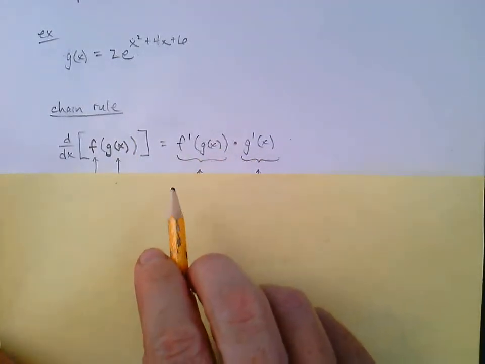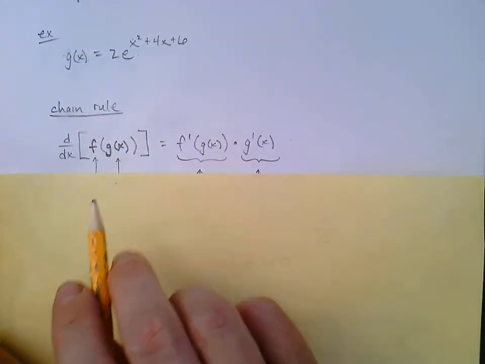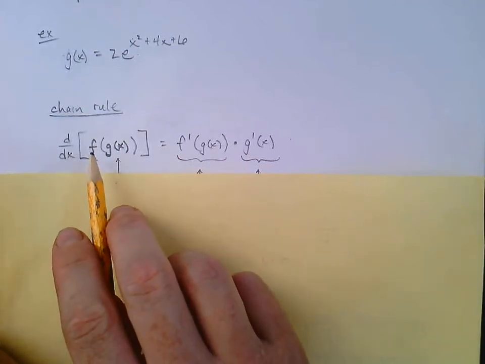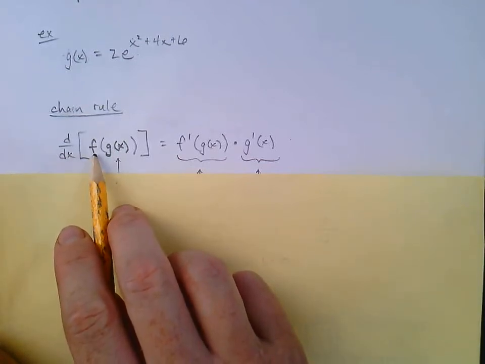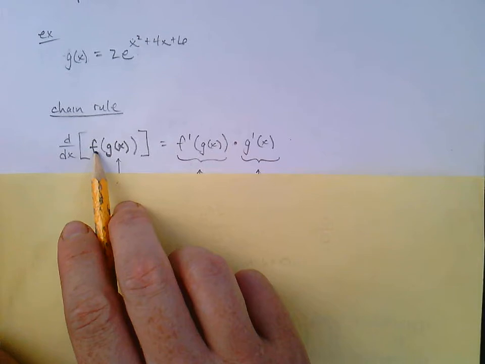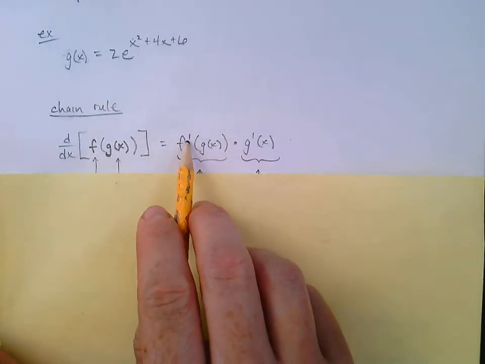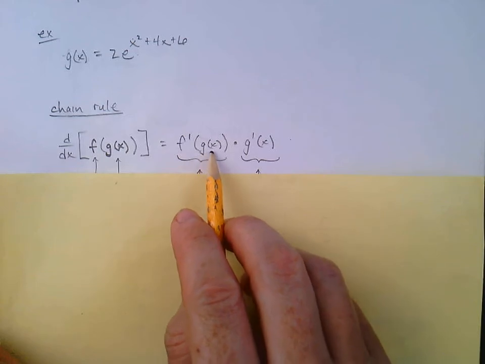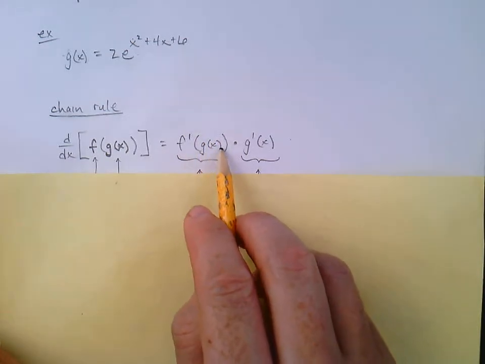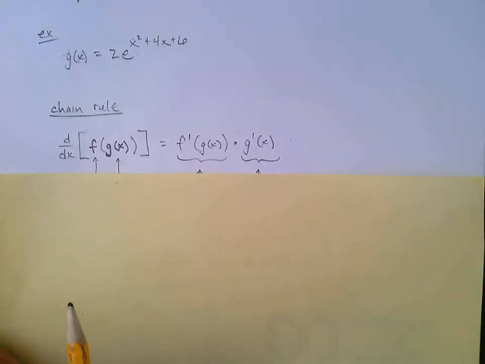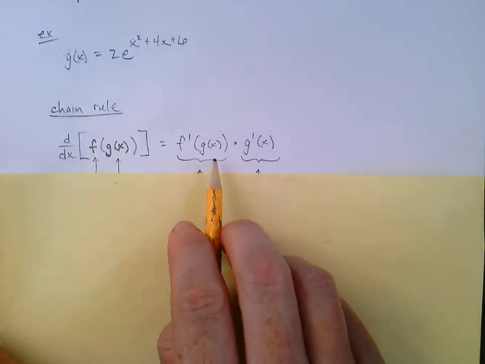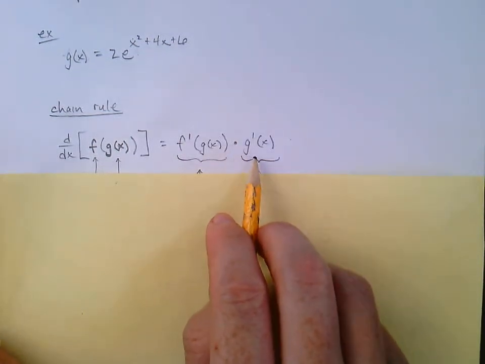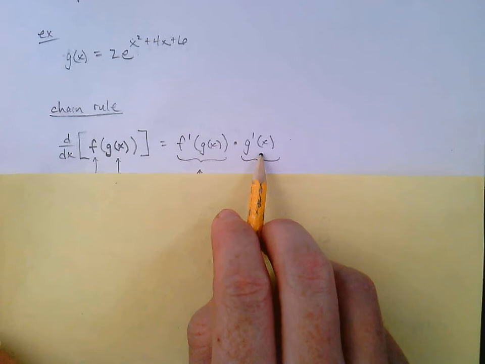There are two parts, generally speaking. What we do is start from the outside and work inwards. So we take the derivative of f, so we see f prime, but inside of that, we just copy the original g of x. And then the next part, we multiply, and that's where we take the derivative g prime of x.